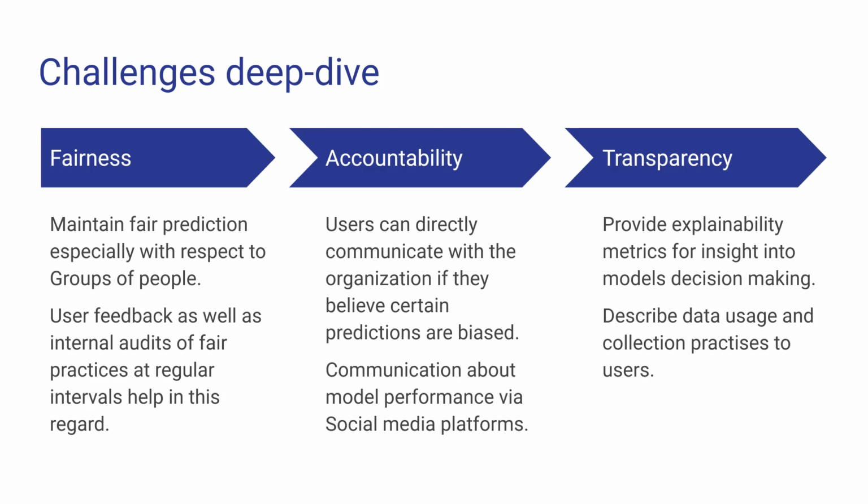Besides the fairness measure, we also need to be accountable for our system and our model's predictions. This can be done by openly communicating the model's performance as well as the current failings on social media platforms, as well as proper documentation.